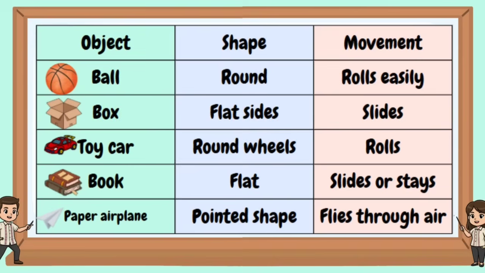Shape, round wheels. Movement, rolls. Book. Shape, flat. Movement, slides or stays. Paper airplane. Shape, pointed shape. Movement, flies through air.